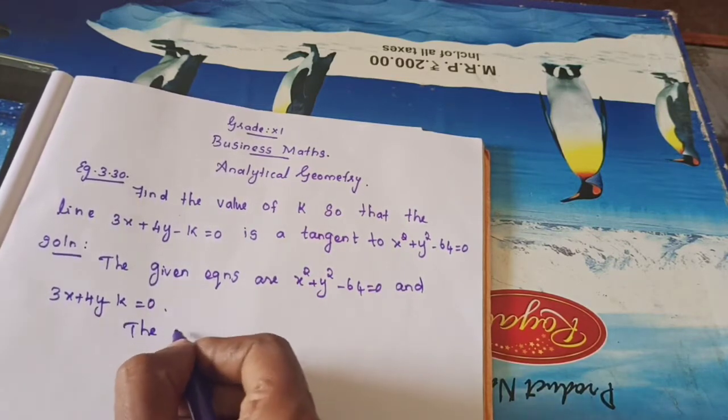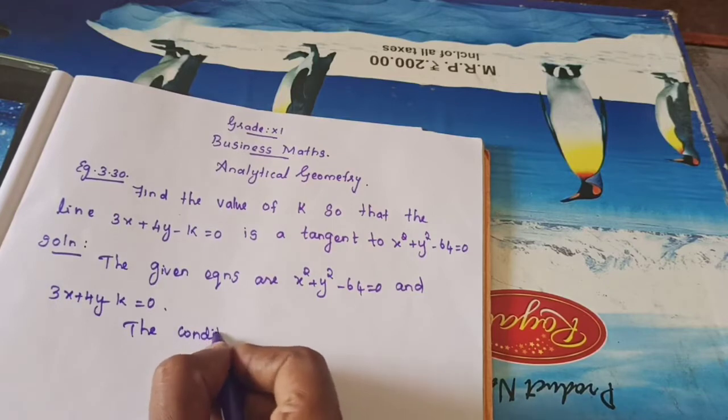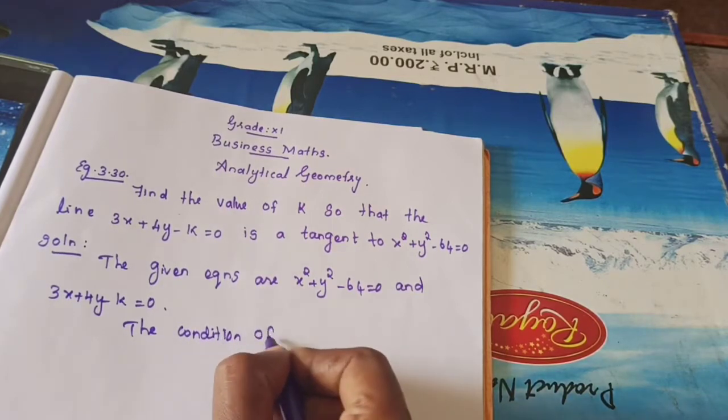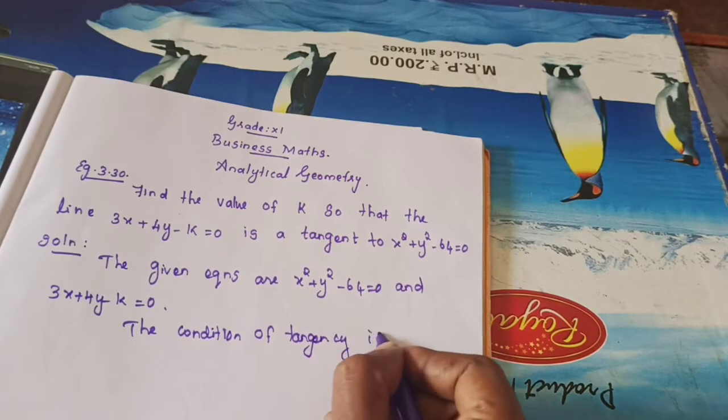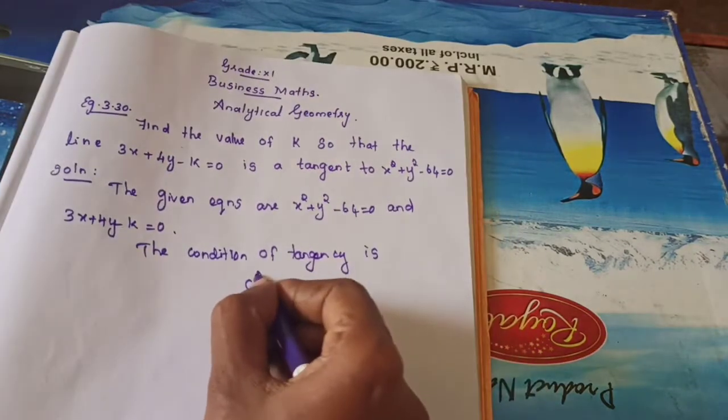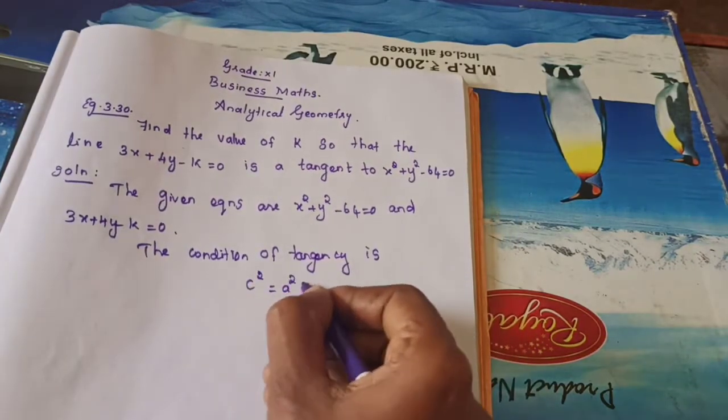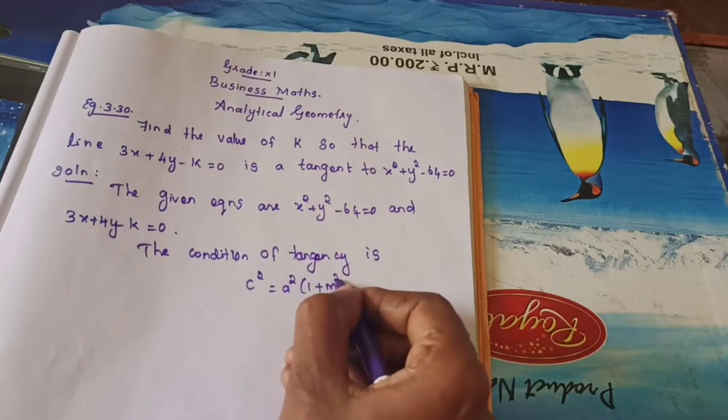What's the condition for tangent? The condition of tangent is c square is equal to a square into 1 plus m square.